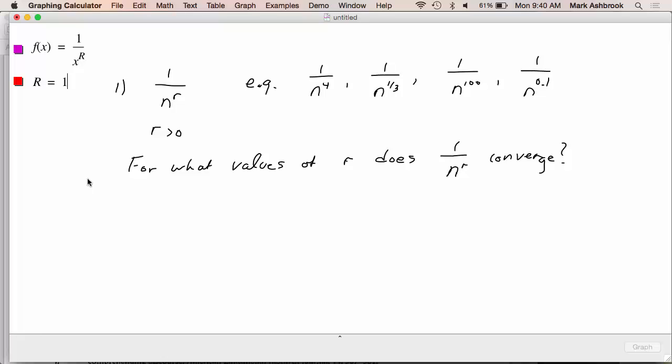So what function will we get when r equals 1? Can you sketch it without technology? Do you know what that function is? We're thinking about the sequence 1 over n to the 1 by investigating this function 1 over x to the 1. What will it look like without technology?